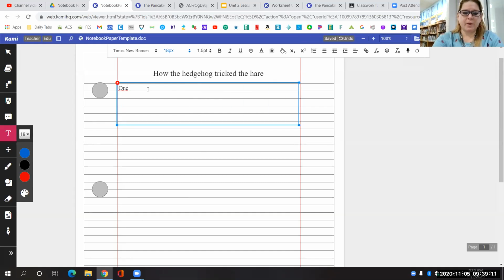There we go. So once there was a hare and a hedgehog that raced to see who was the fastest.